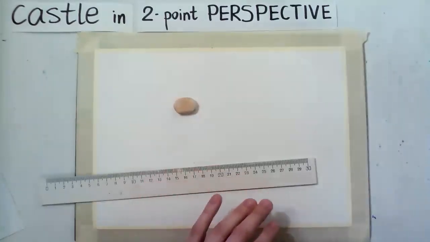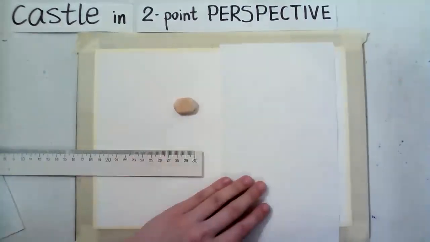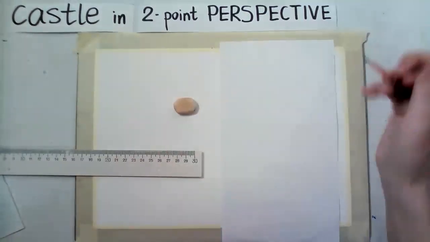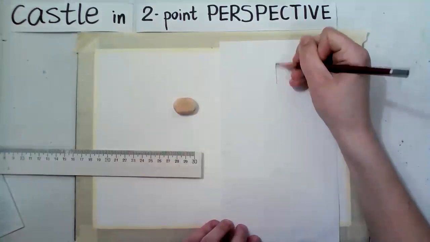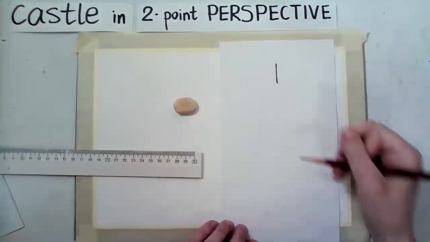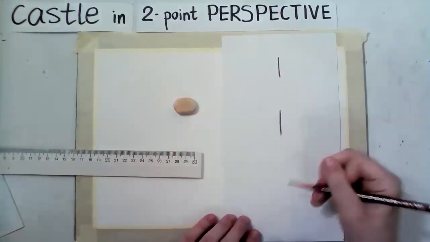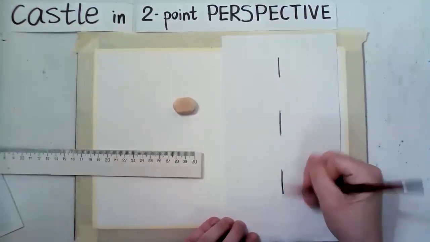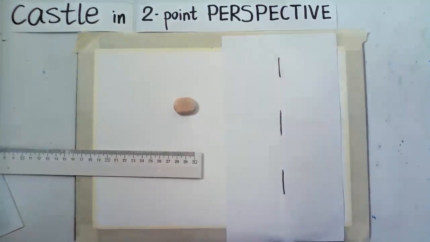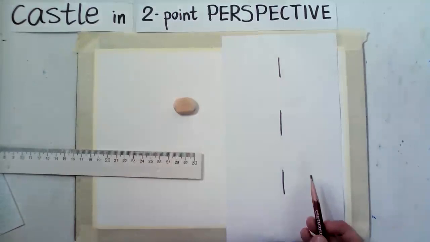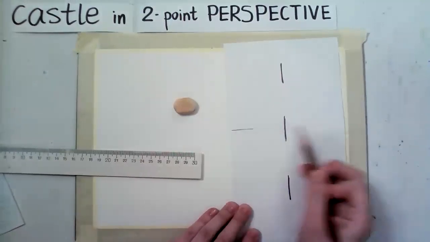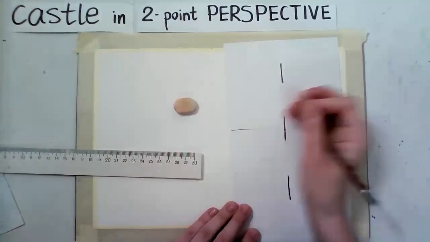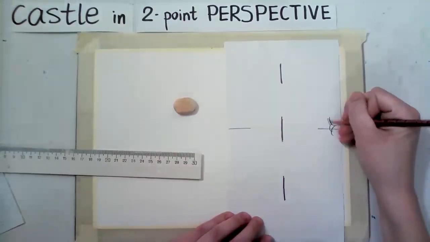Okay, I'm sorry, but I'm gonna do one more little theory stuff. Let's say I'm drawing a cube, and I can have different positions. I can have my horizontal line in the middle of the cube. So this is my eye level.